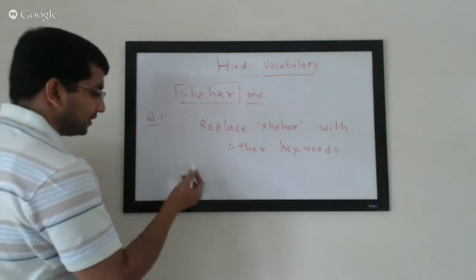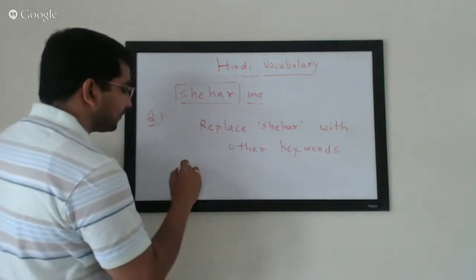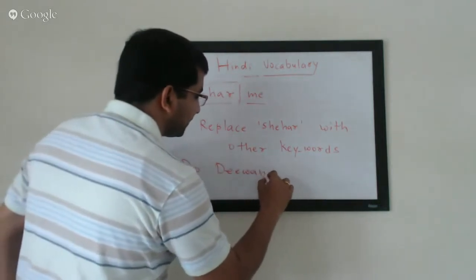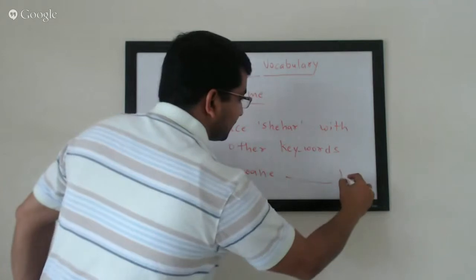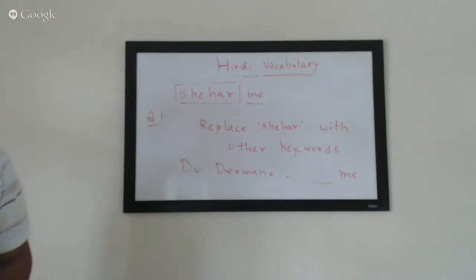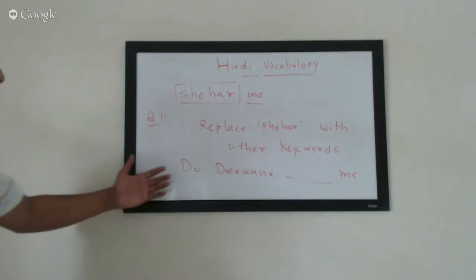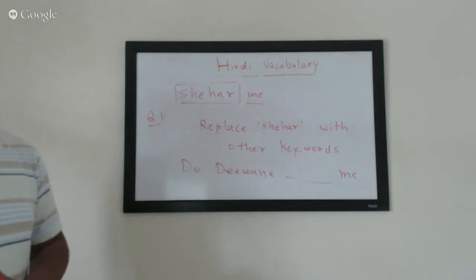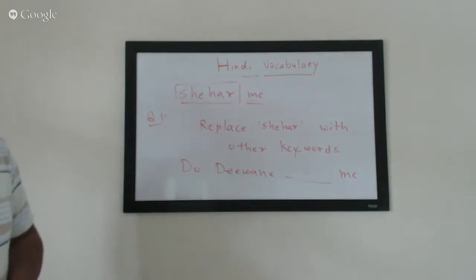In the context of the song, do Deewane, instead of shahar, you can use all the keywords that we have learned so far and see what it will mean. I think it's a very good exercise to make you aware of all the other keywords as well.